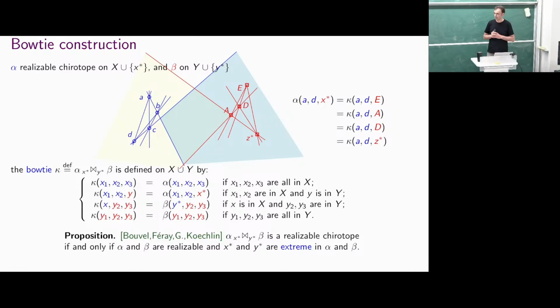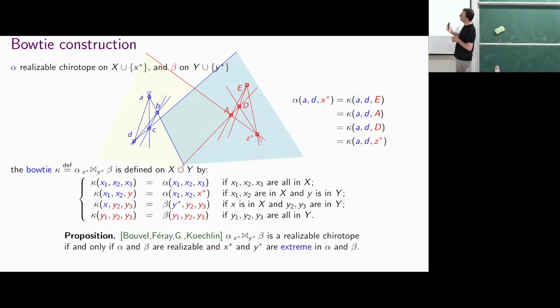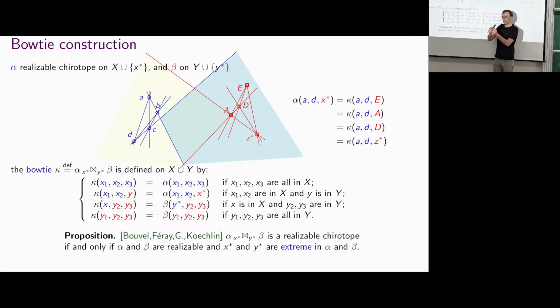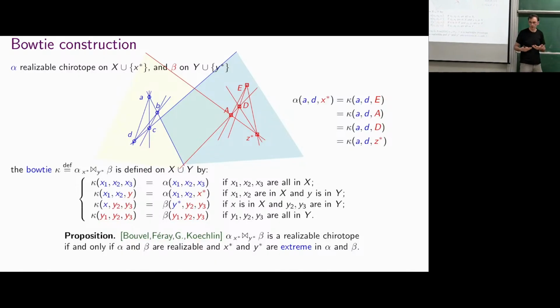Okay? So what you need to do that is you need the proxy. You need to realize the blue point and make sure that the proxy is touching a cell that is unbounded in the arrangement of those blue lines. That you can always do by using some projective transformation.